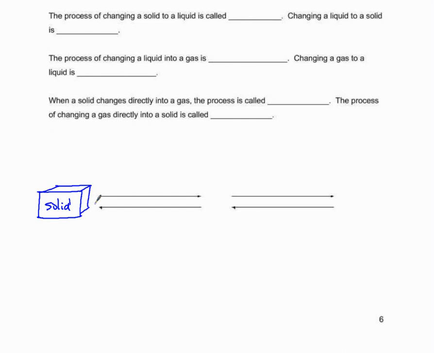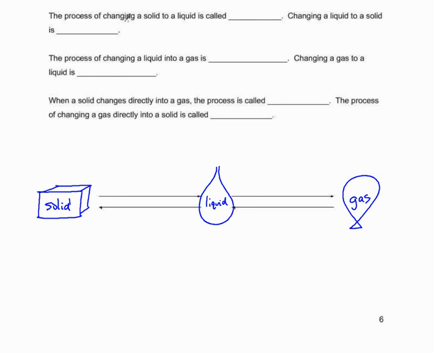Sometimes Chem 1 textbooks use this ice cube shape to indicate a solid. And I'm going to say liquid, look like a water droplet, and gas, which is going to look like a balloon. So those are my three states of matter.